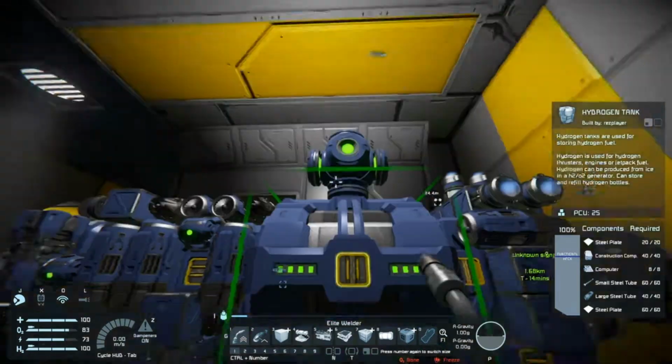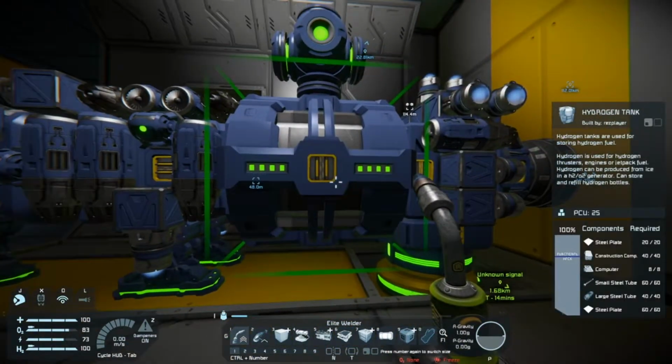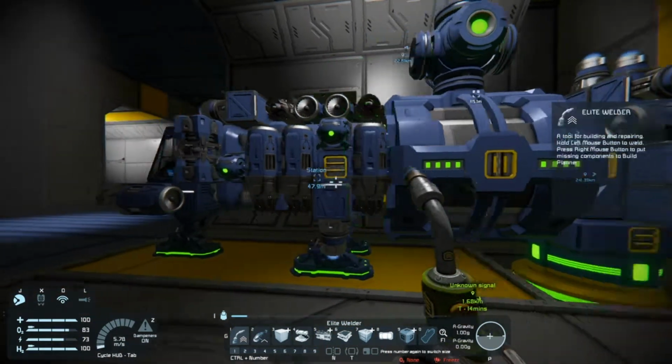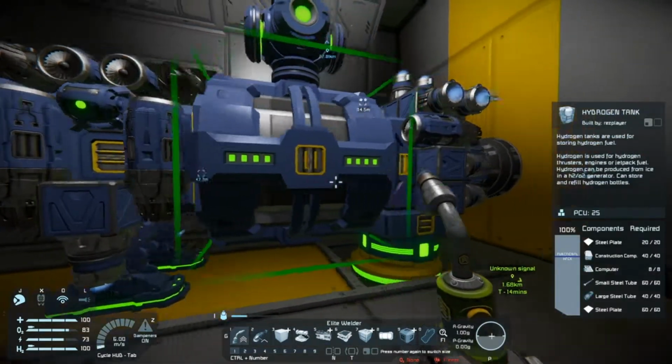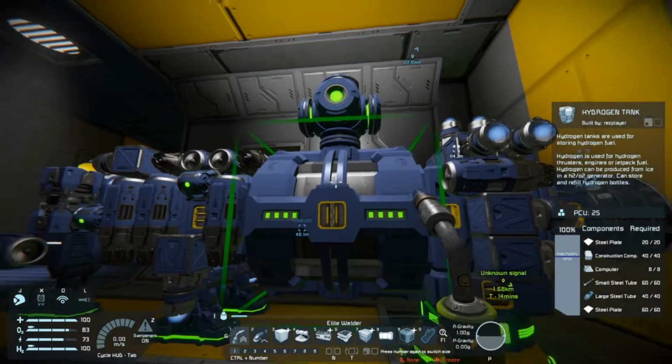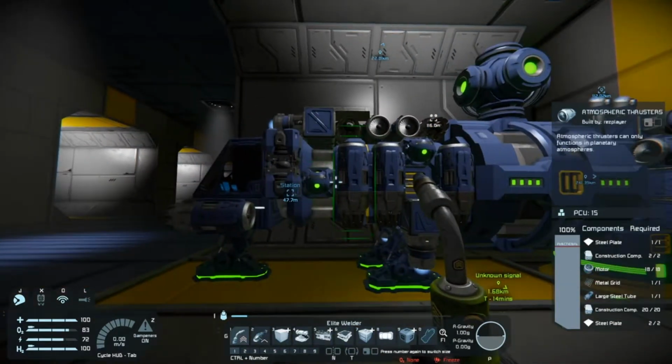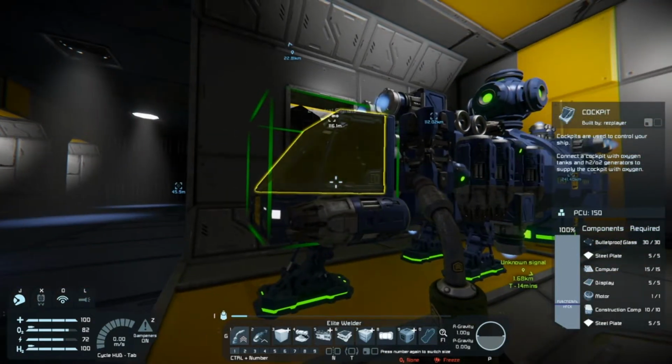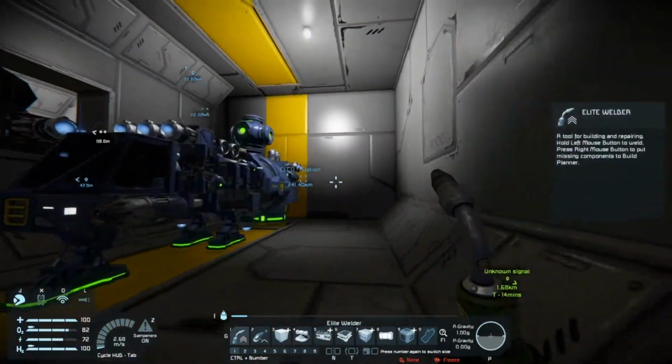And I don't put one on my station because it uses a lot of ice, and I don't want to constantly be refueling ice. So, that's everything for that.